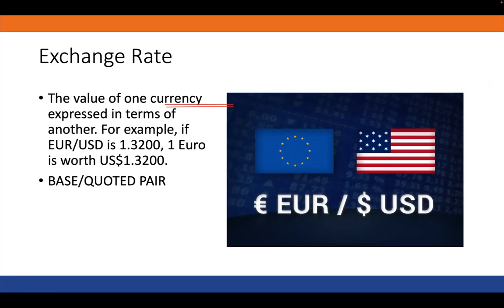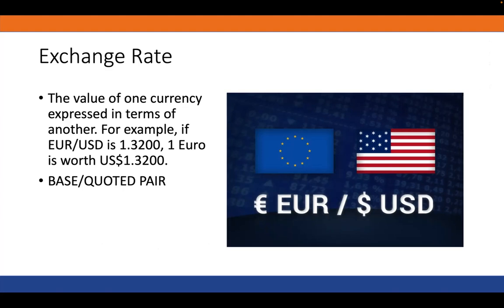So now, exchange rate. I felt like we should talk about this. Normally with the currency pairs that we trade in the Forex market, we combine two currencies, and let's say we term it as Euro USD.